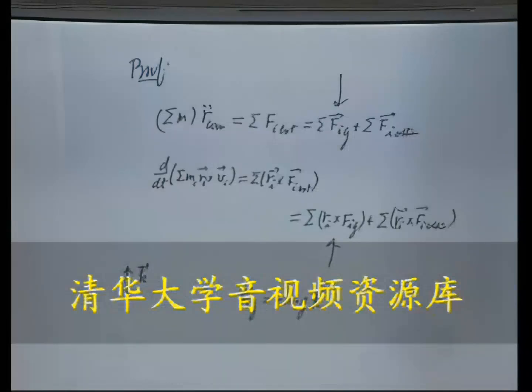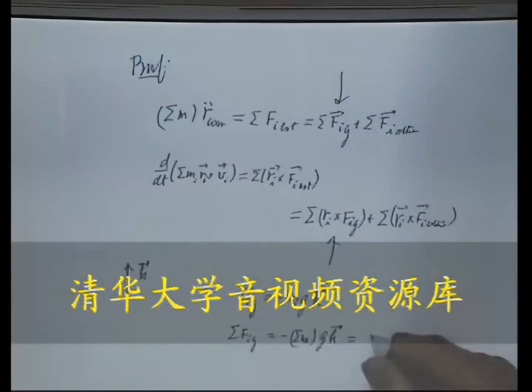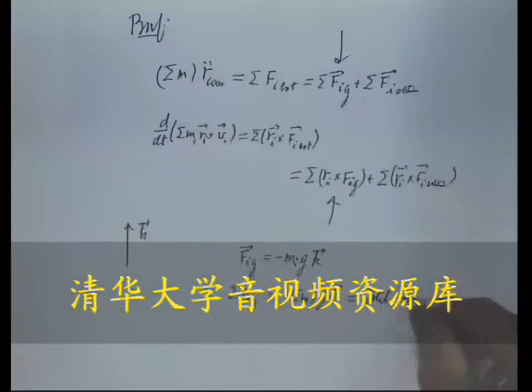The gravitational force on the ith body is obviously equal to this. So summation of Fig is equal to minus summation of m g k, which is equal to the total force on the center of gravity.